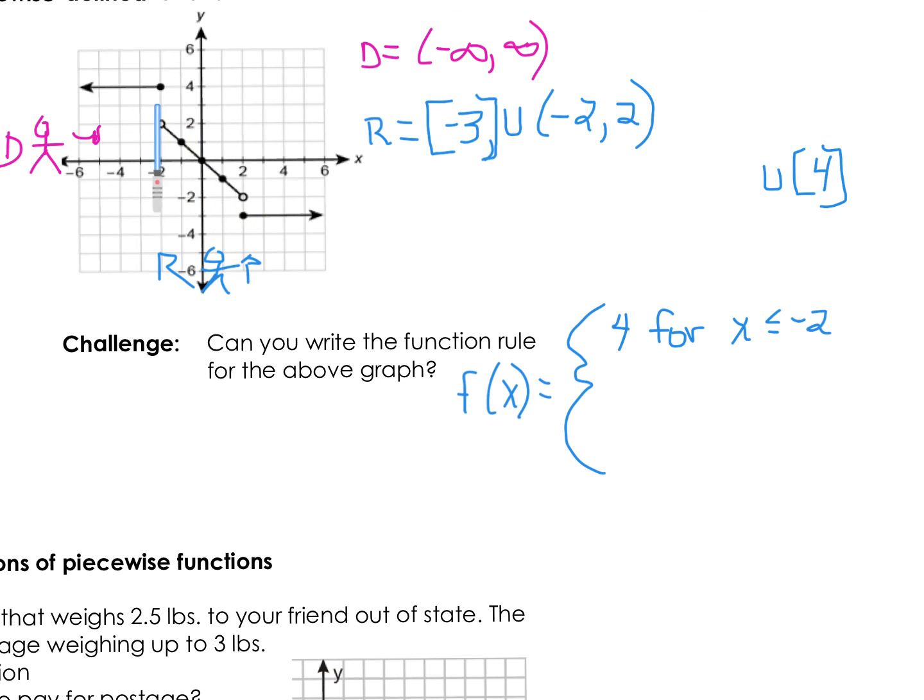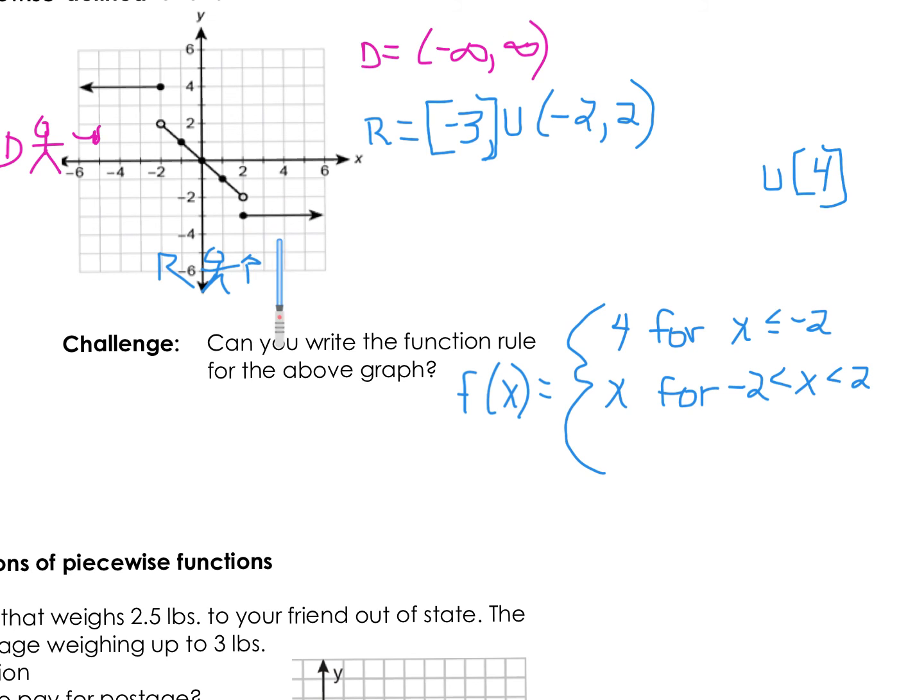This line right here is the graph of y equals x, and it's only for values of x between -2 and 2. So y equals x, for x less than 2, but greater than -2.